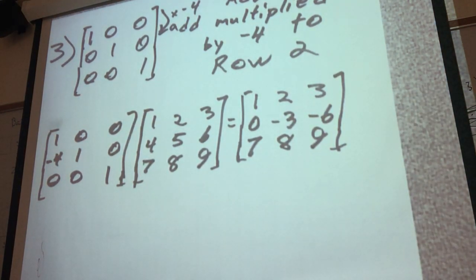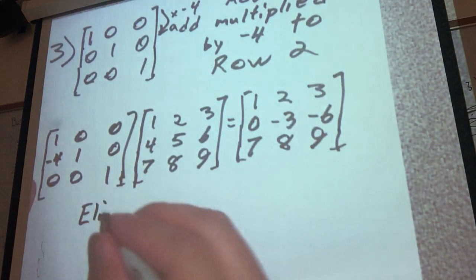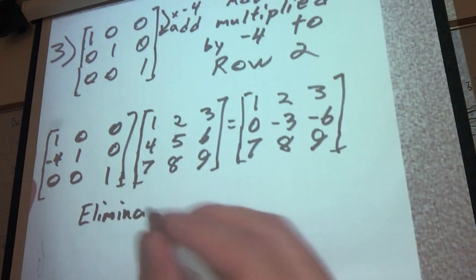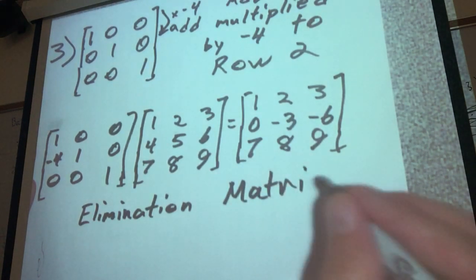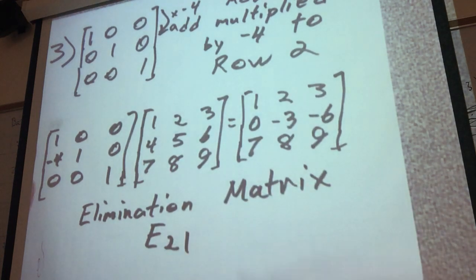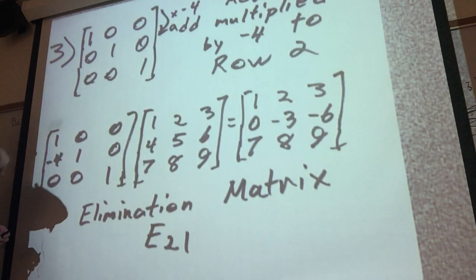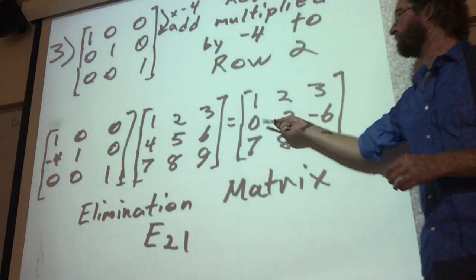And what does this lead to? This is the elimination matrix E21, the elimination matrix of the 2-1 position: second row, first column. When E21 acts upon this matrix, it's going to eliminate the 2-1 position.